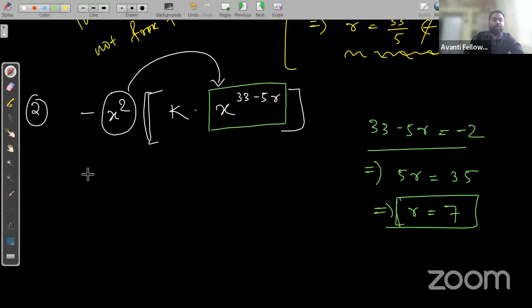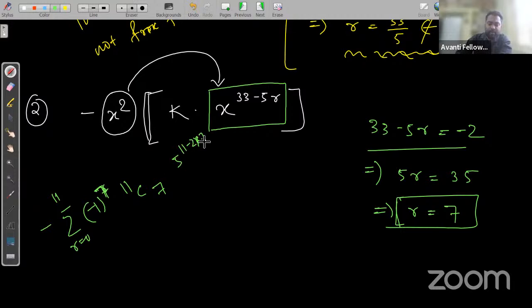That means what is the constant term? So k is equal to minus of summation, minus 1 to the power r, from r is equal to 0 to 11, 11c7, 5 to the power 11 minus 2 into 7 upon 2 to the power 11 minus 7.